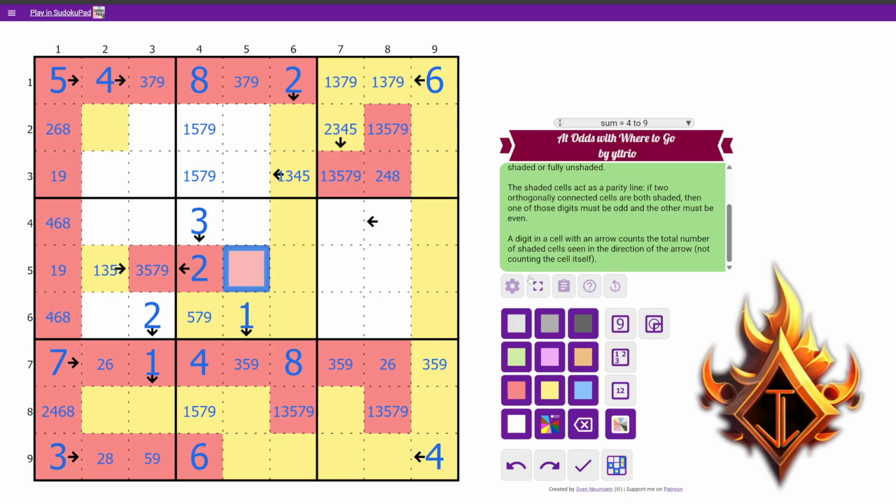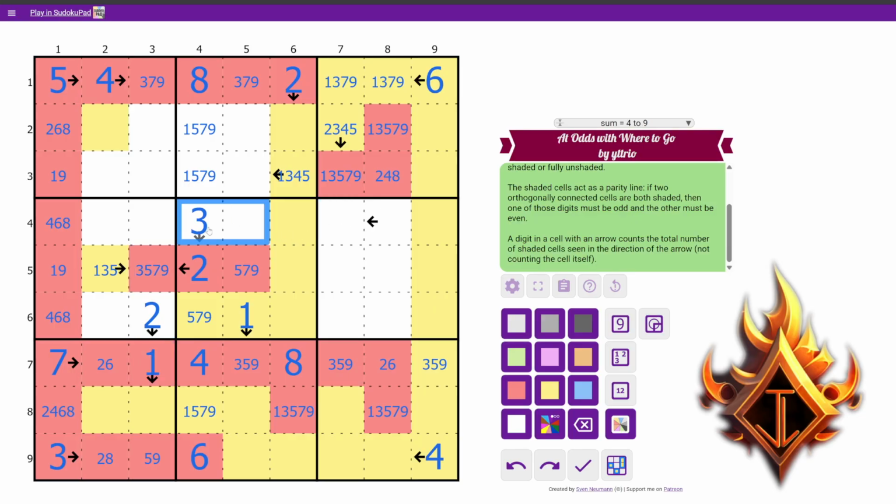This is odd. It is 5, 7, 9. And this one could be red, attaching it to its buddies, but does not necessarily have to be.